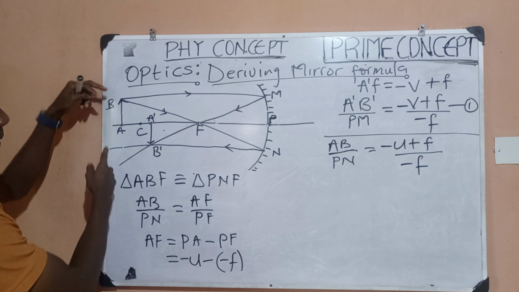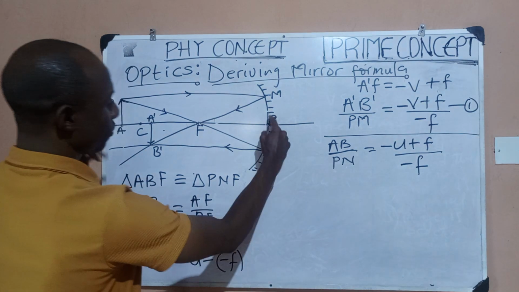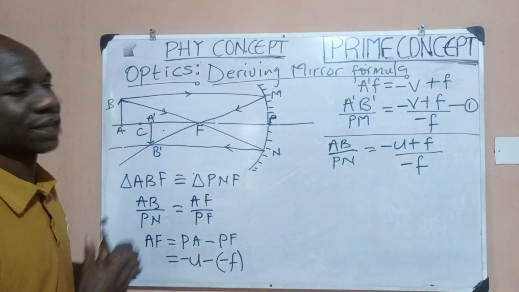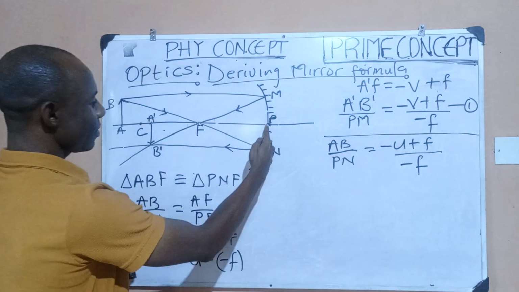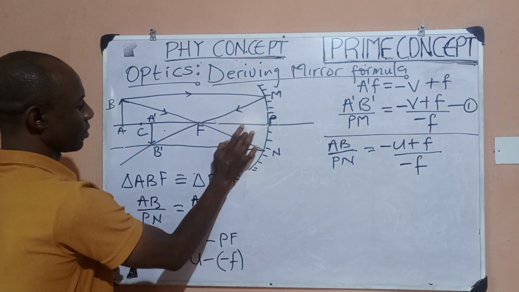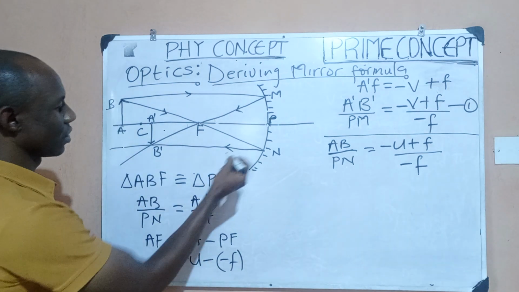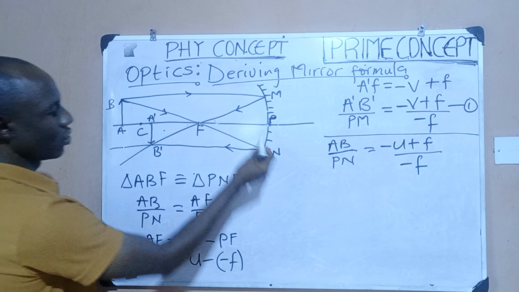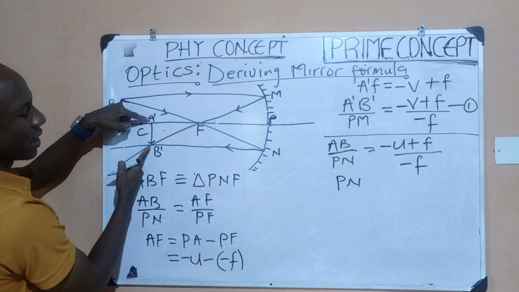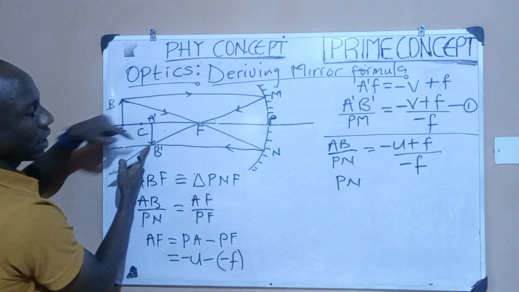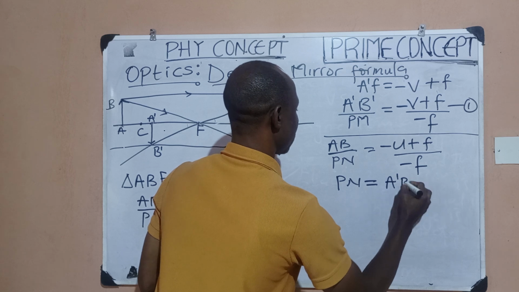Now, AB over PN, I want to do another comparison so that we can finally equate these relations and then solve. If you watch, I'm going to compare this triangle and this triangle to get my next equation. Without even a comparison, you can see that PN, this distance, is actually the image distance. So it's the same thing as A prime B prime.